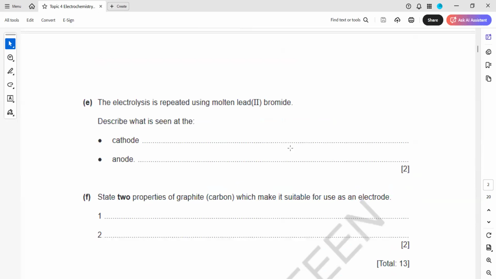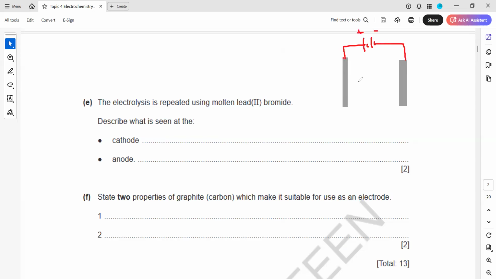The next is electrolysis repeated using molten lead(II) bromide. It's a molten substance. So what happened to the electrolyte? In a molten substance, the electrolyte is always used up.